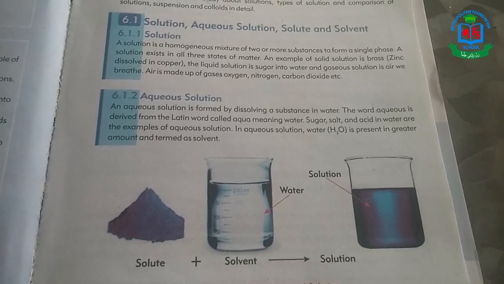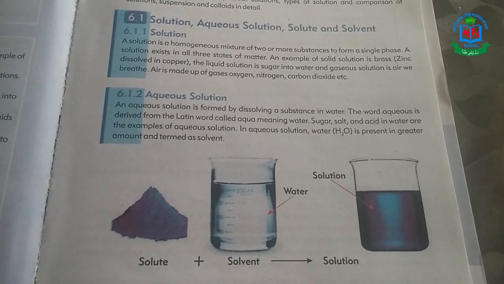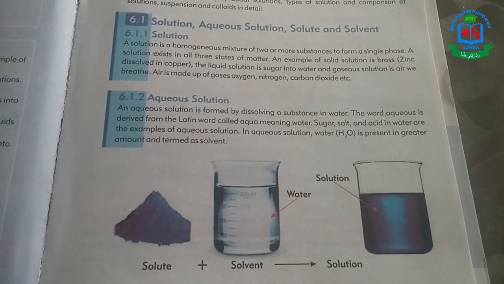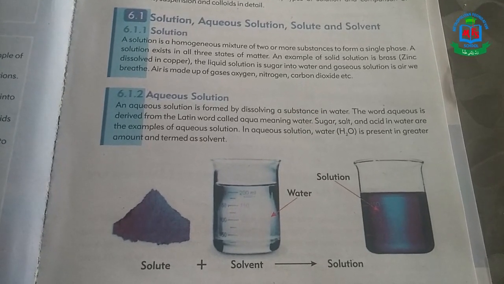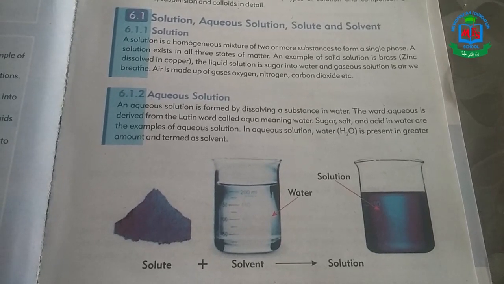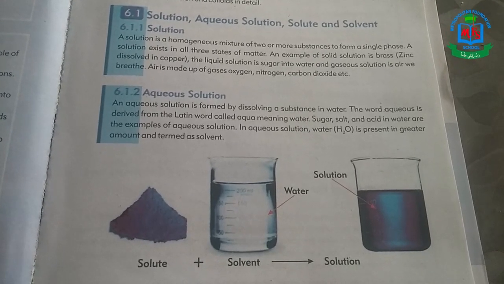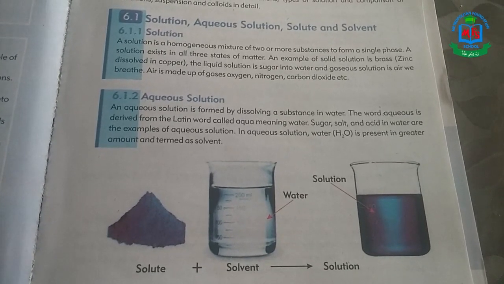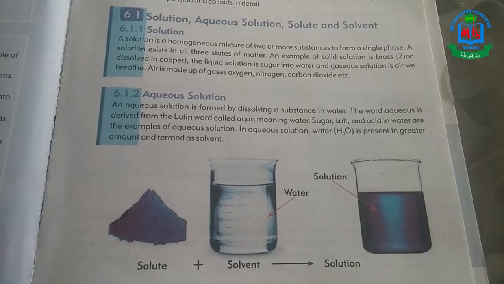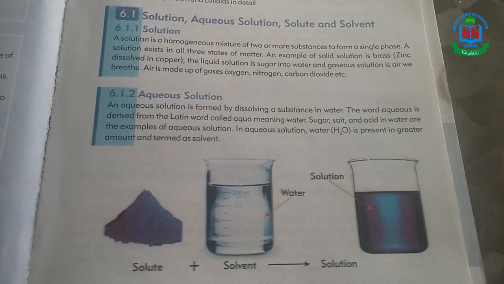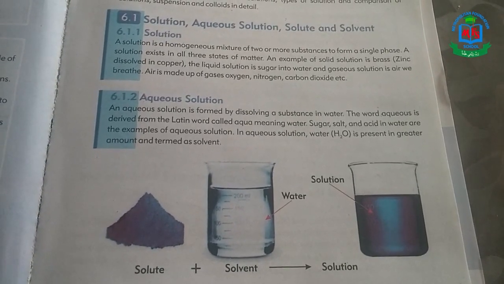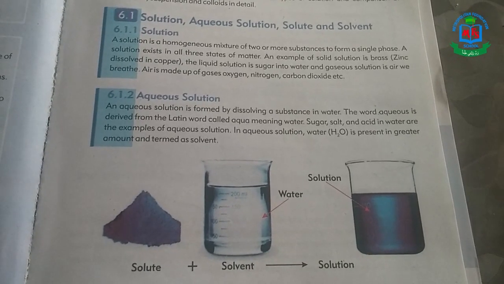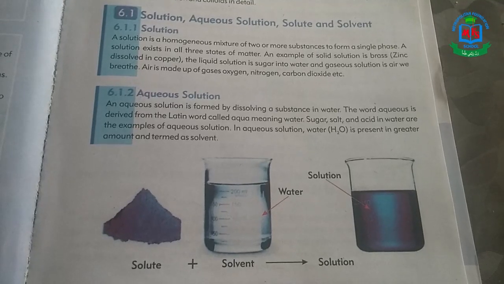That component of solution which is present in a small quantity in solution is called solute. For example, when we dissolve 5% of glucose in water, glucose is a solute because the amount of glucose is less than water. That's why glucose is called solute.